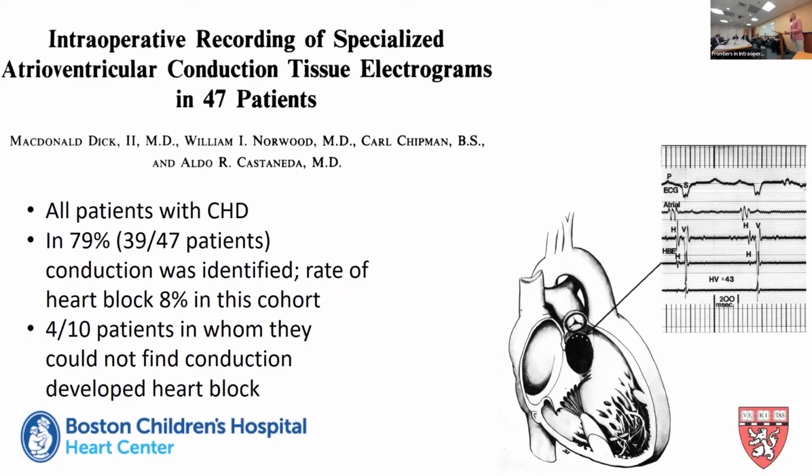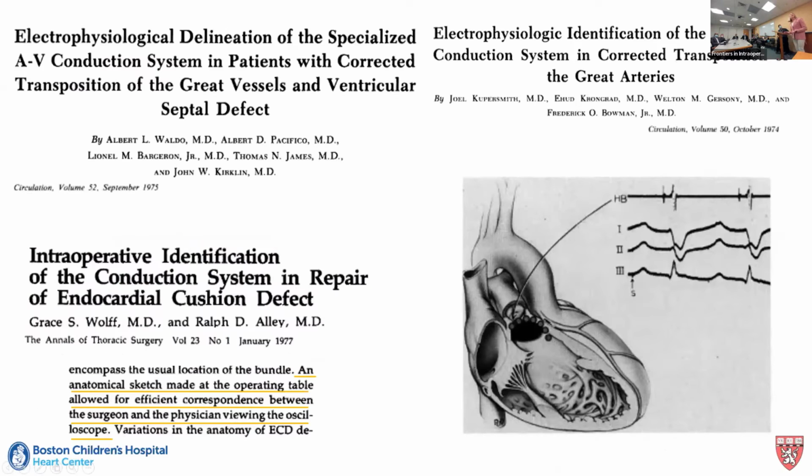And the numbers don't quite add up in their paper, but in 4 out of 10 patients, they could not identify the conduction system, and they had heart block in those patients, suggesting that the ability for the electrophysiologists or cardiologists at that time and the surgeons to look and have an understanding of where the conduction system was did appear to have an impact on the ability to avoid heart block.